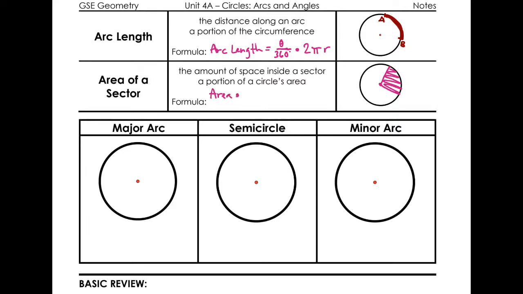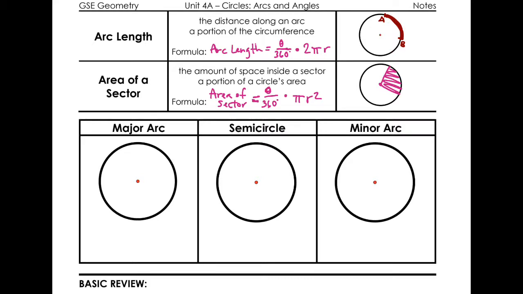Area of sector equals the same fraction, theta divided by 360, where theta represents the degree, times the area formula, pi r squared. That's how we calculate the area of just a sector, not the whole circle, but just a portion of it.